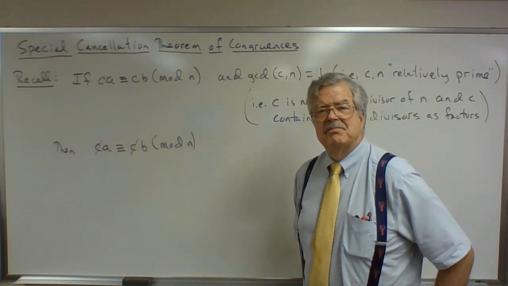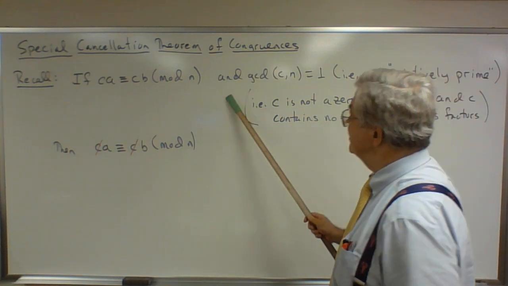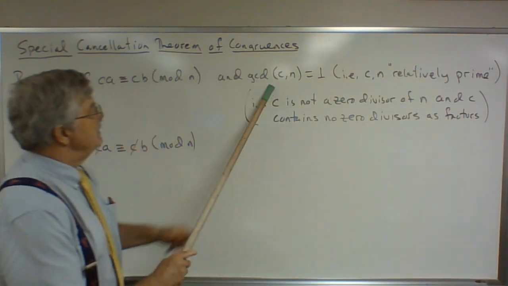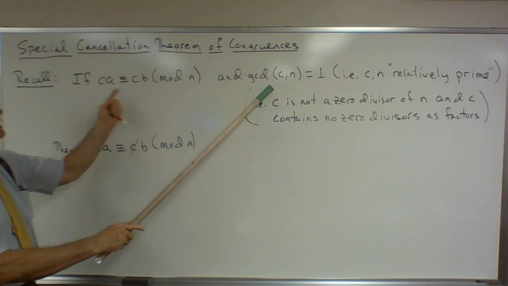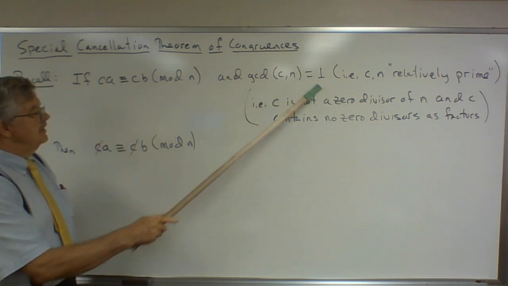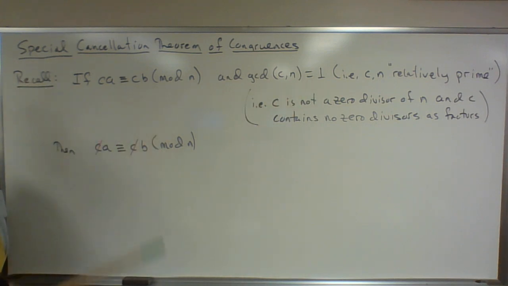And we said that under these conditions, when the greatest common divisor of C and N is 1, then we can cancel.